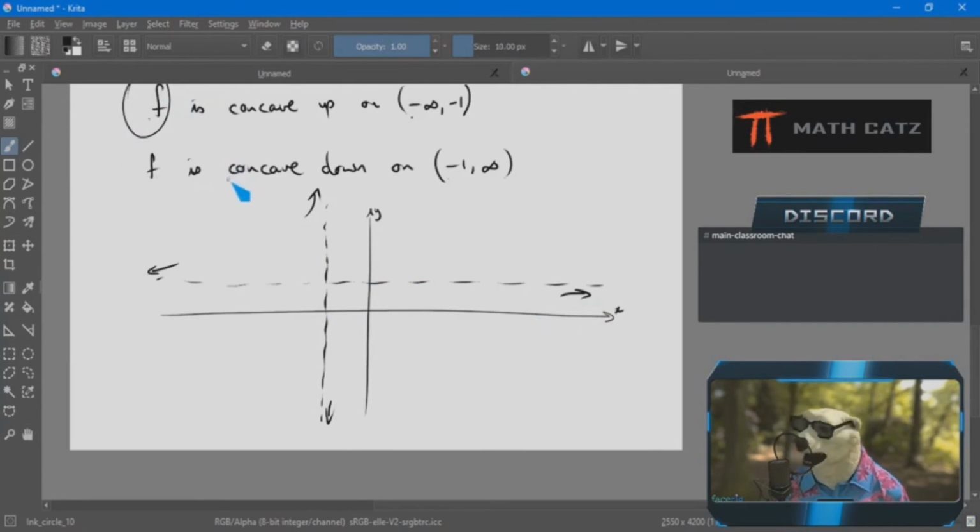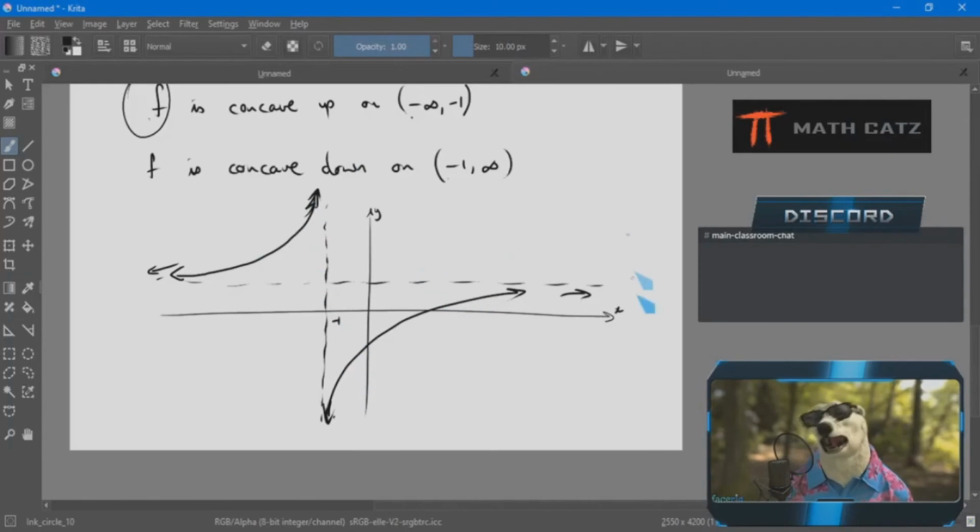The information I got now totally fits with this, because I'm going to have to bend up to the left of, of course, I have to update these arrows. I didn't know how they fit. I have to bend up on the left side of -1, and I have to bend down on the right side of -1. So everything agrees with the information I would have gotten up to that point.